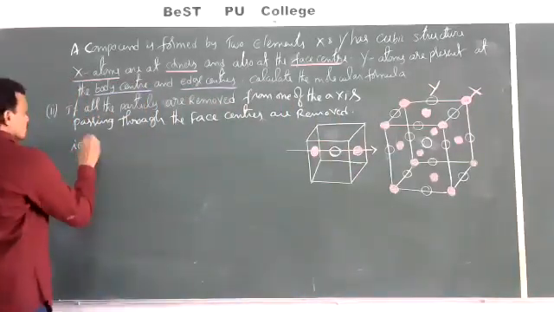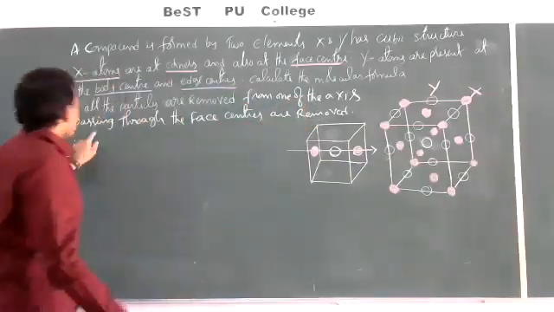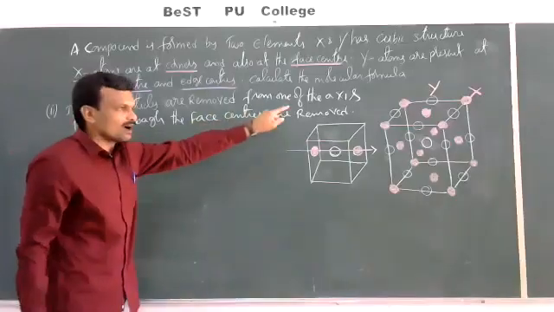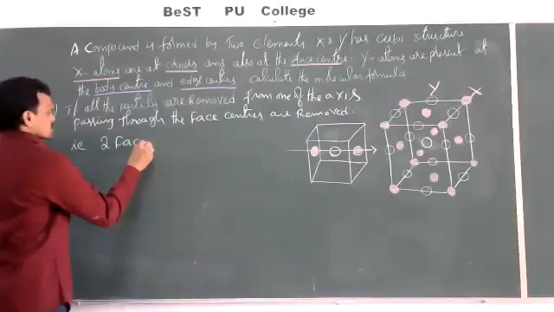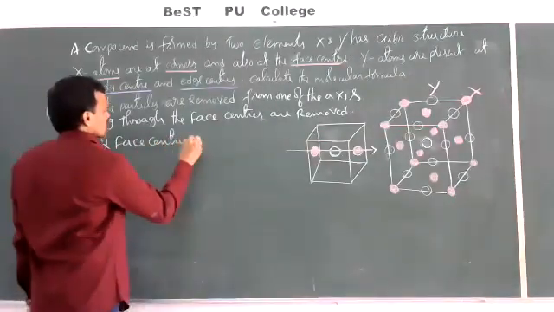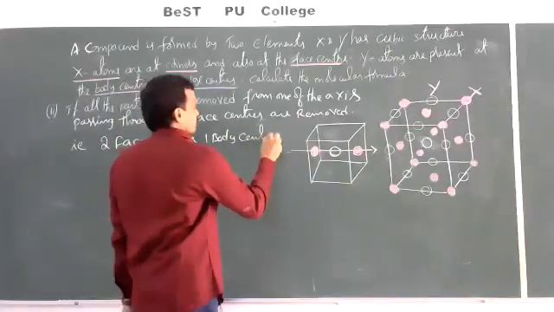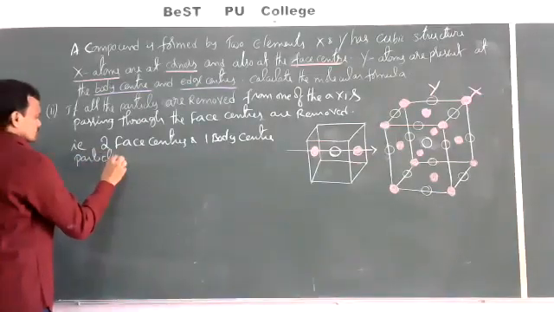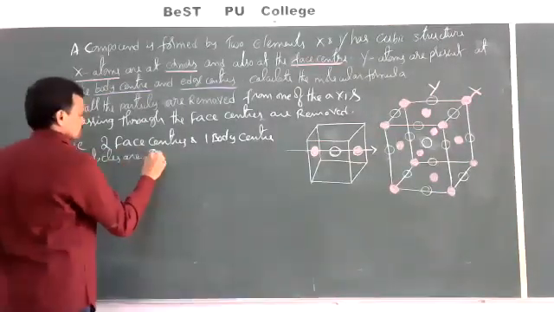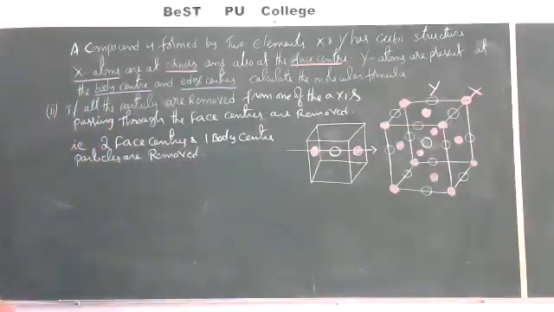So if you remove the particles from the axis passing through the face centers, then two face centers and one body center particle are removed.